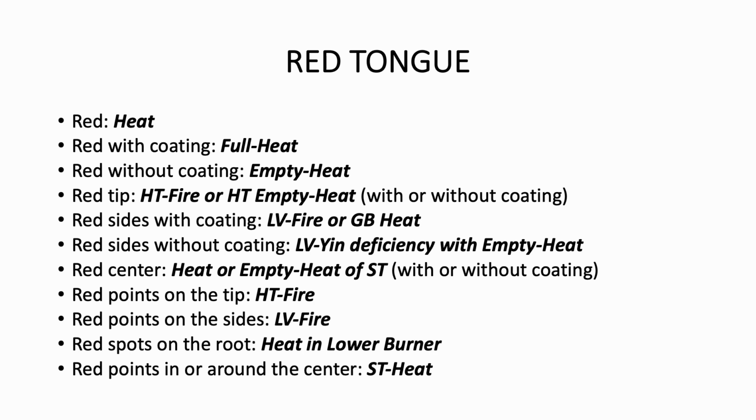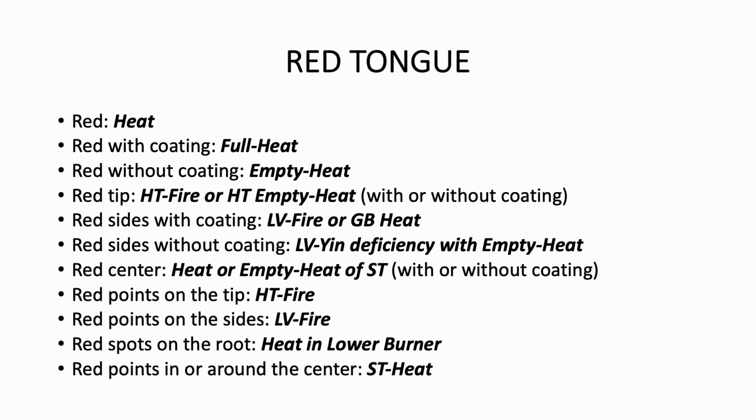A red tongue body always indicates heat. If the tongue has a coating, it indicates full heat. If there is no coating, it indicates empty heat. A red tip, usually on a red tongue, indicates heart fire or heart empty heat, according to whether the tongue has a coating or not.